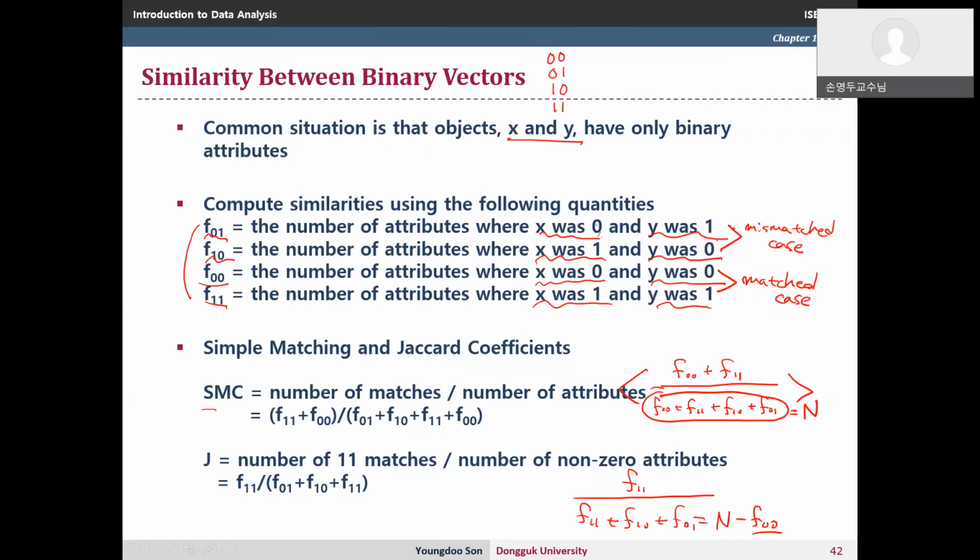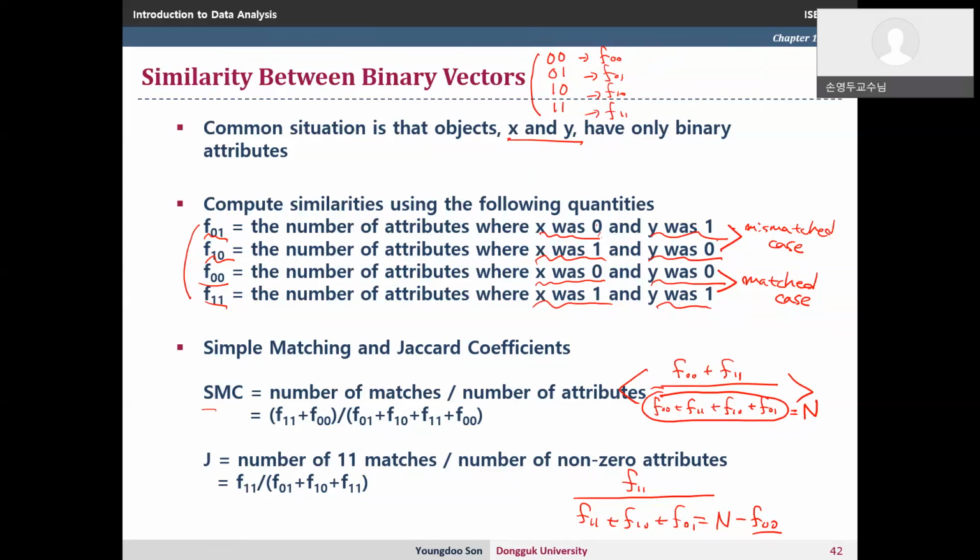So if we count the number of these cases, we call them F00, F01, F10, F11. Here F means frequency. And the simple matching coefficient simply counts the number of matches.